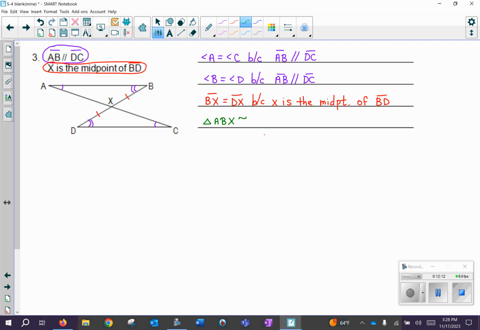It is congruent to triangle, now the order matters. 1 mark, 2 marks, nothing. 1 mark, 2 marks, nothing. So CDX by angle, side. Okay, AAS. All right.